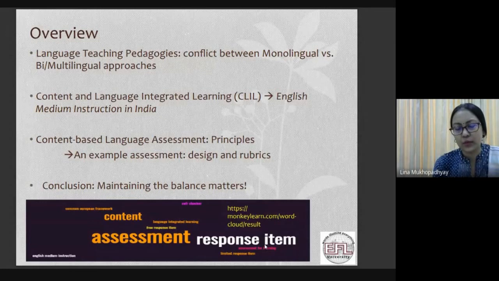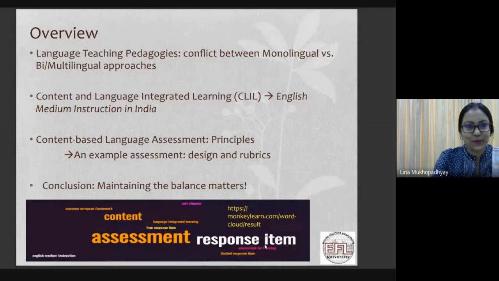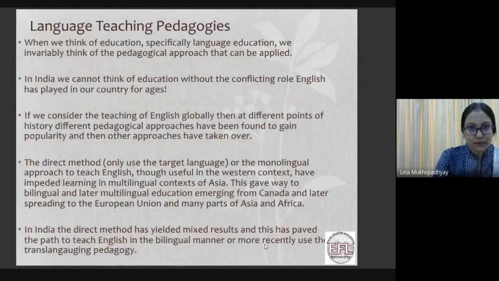The original one was published in 2001, and there is a new version from the year 2020, which is freely downloadable from their website. I would be referring to that in order to show you how to design an example content-based language assessment and how to prepare the rubrics, and then we would look at how we can strike a balance between content and language. So let us look at the first part.